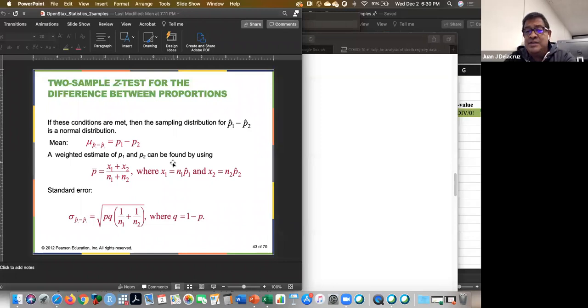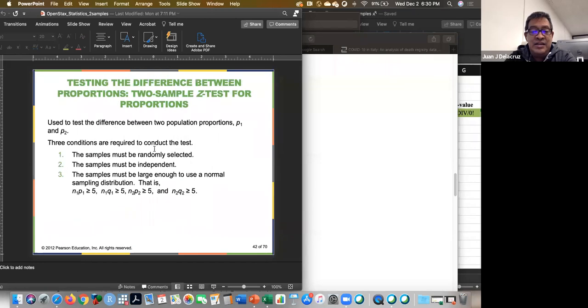Once again, we are using our theorems to make our life easier. We are assuming that these samples are large enough, and that large enough is confirmed by using this test.